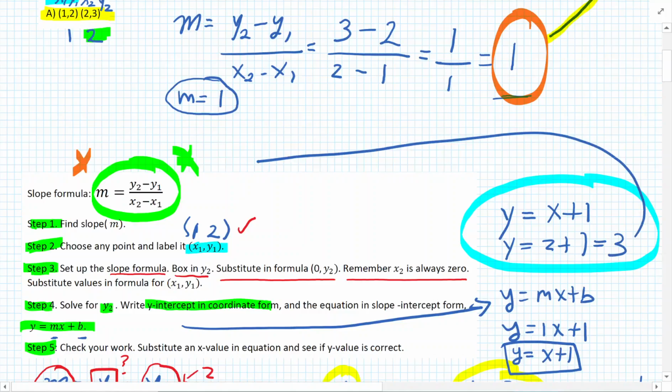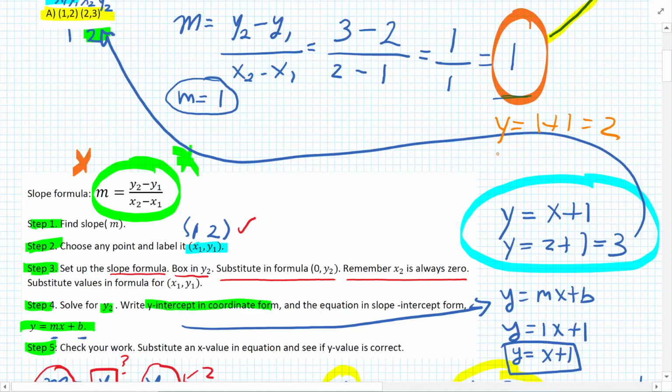Yes, that matches. So when x is 2, y is 3. That's shown by the point 2, 3. So our equation does work, at least for one point. Let's try 1. Y equals 1 plus 1, which equals 2. Yes, that's true. I have the point 1, 2.